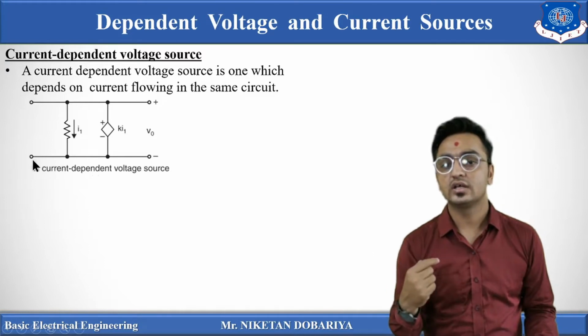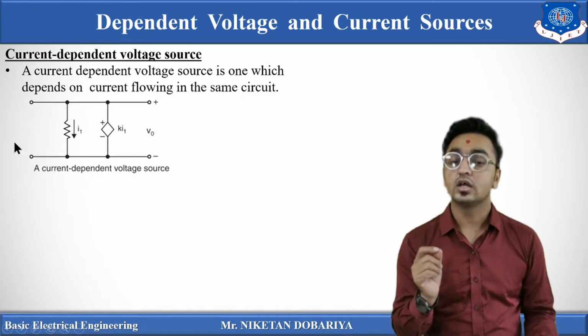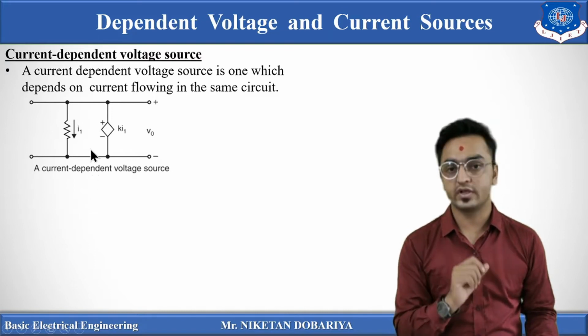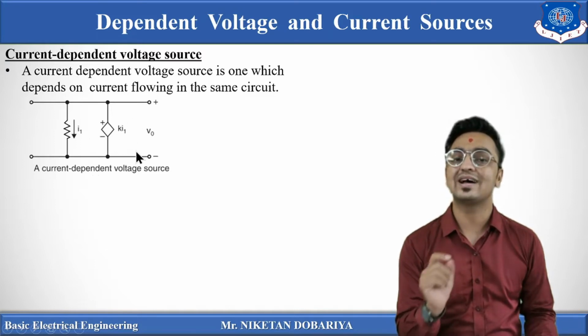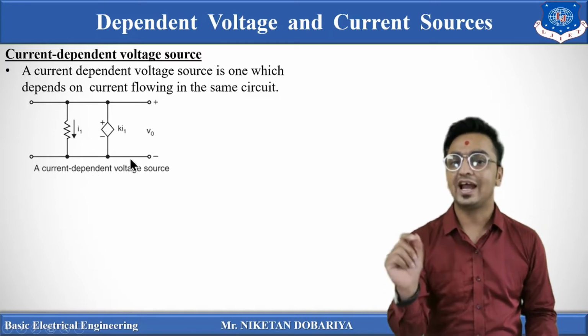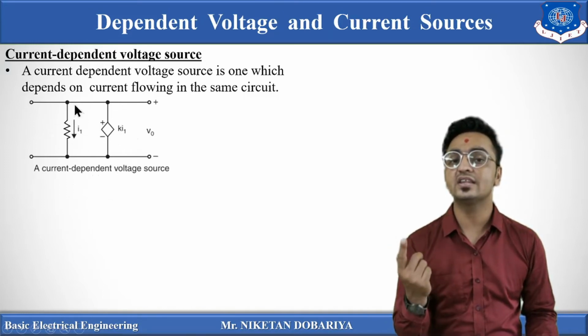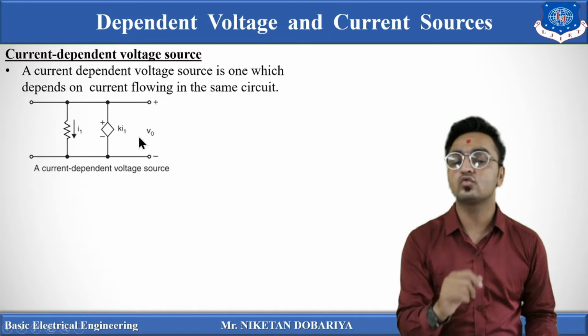For that, this is another circuit part, and through this resistor, current I1 is flowing. Here the value of this voltage source is K times I1. That means if we increase the I1 current, the voltage will increase. If we decrease the value of I1 current, then the voltage of this voltage source will decrease.